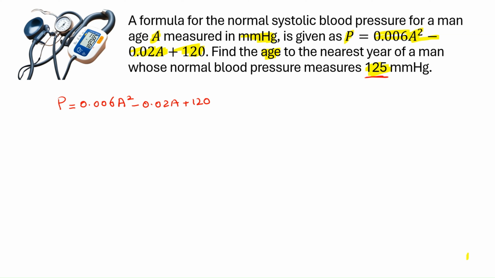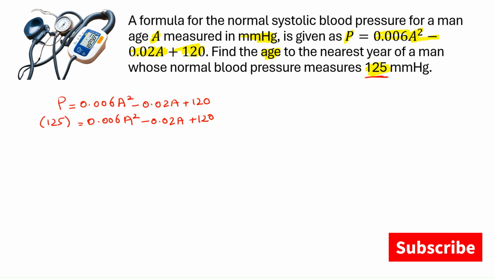So let's plug that in here. Now here you can see I have 125 and 120. These are the terms without any variable, so we can do the subtraction here.